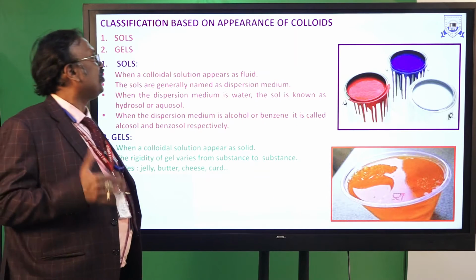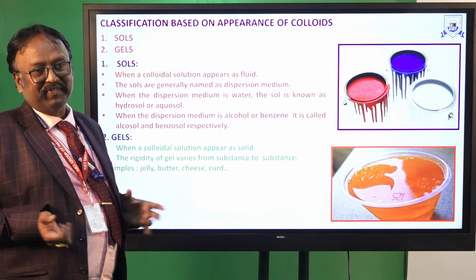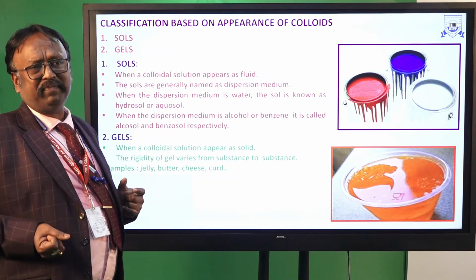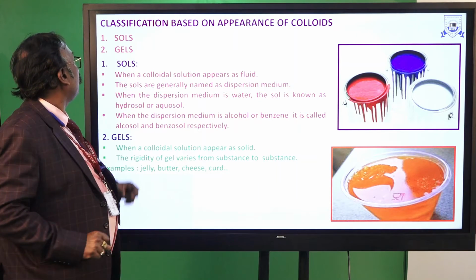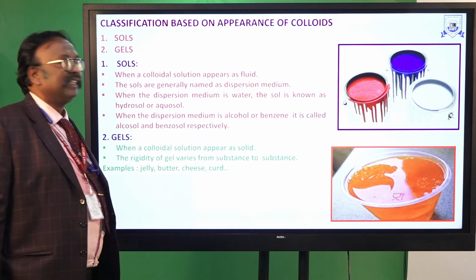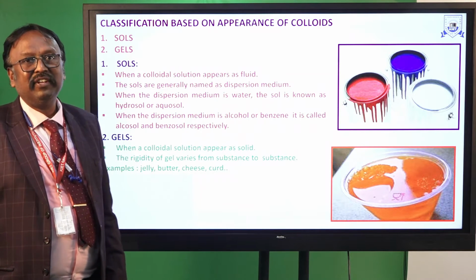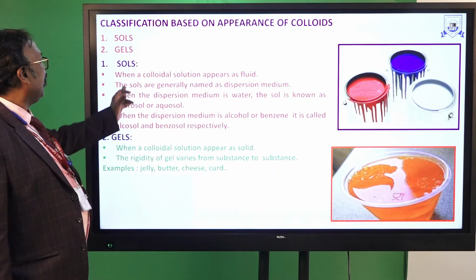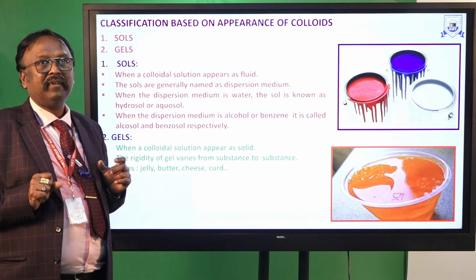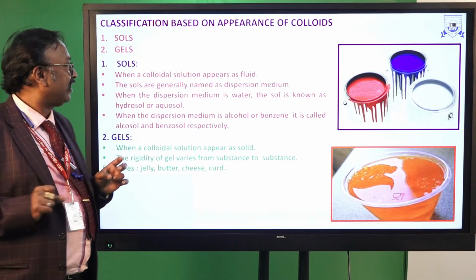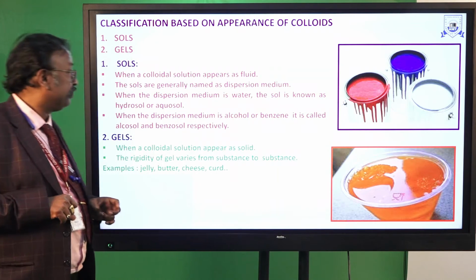And the classification based on appearance. This is another classification: sols and gels. Sols means the colloidal solution appears like a fluid. The sols are generally named by the dispersion medium.